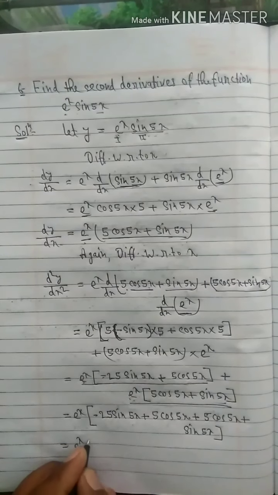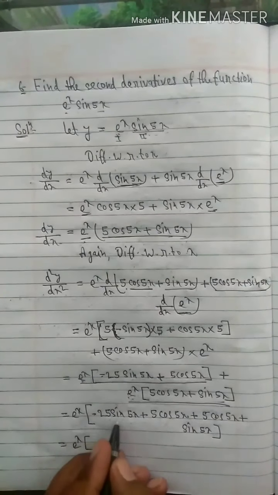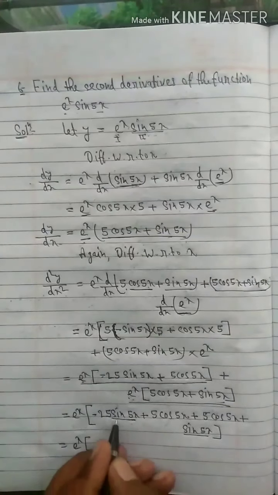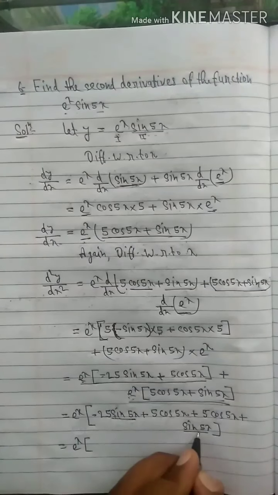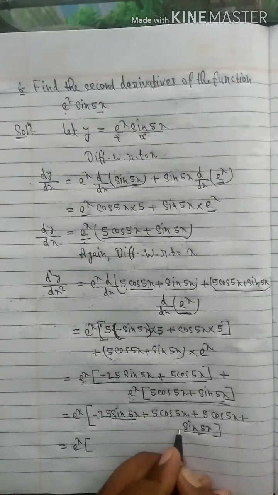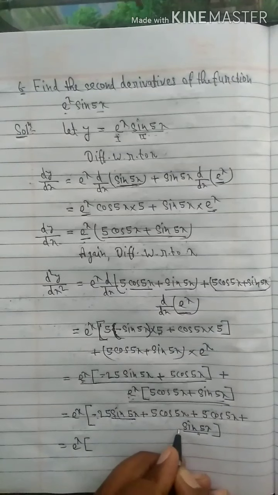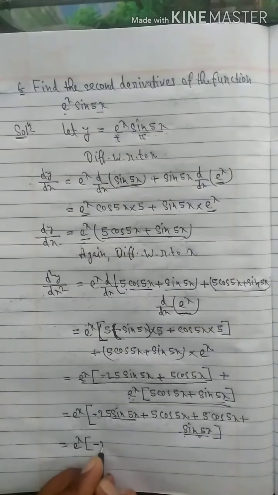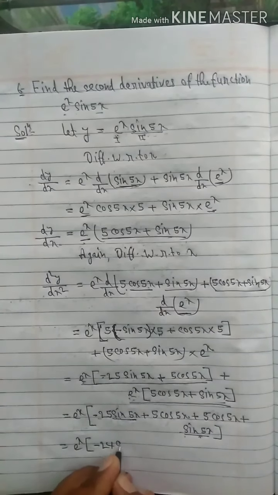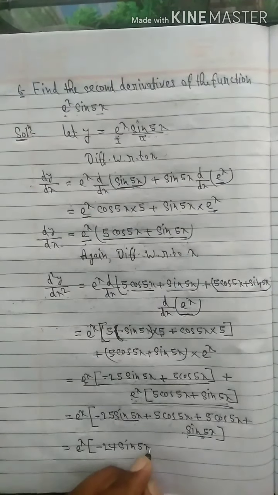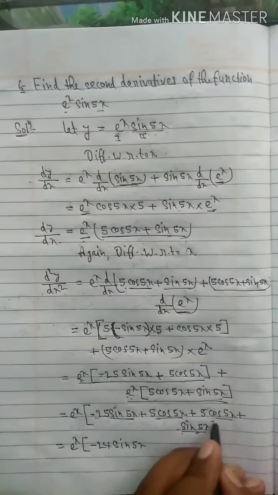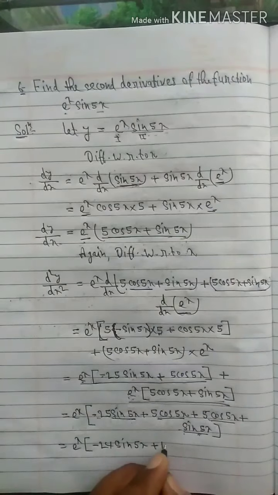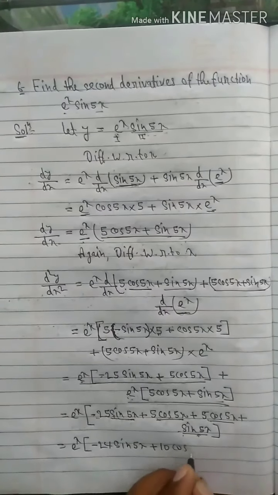Now inside e to the power x, see in this expression there is sin 5x and sin 5x, so both are like terms: minus 25 and plus 1 sin 5x, so minus 25 plus 1 is minus 24 sin 5x, and cos 5x: 5 cos 5x plus 5 cos 5x is 10 cos 5x.